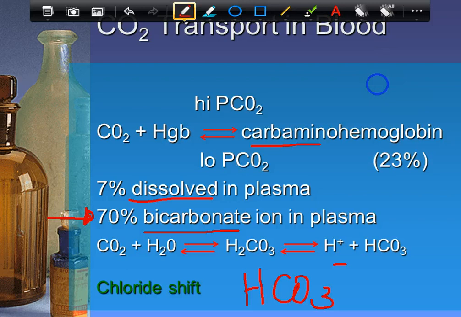Look at the formula here. CO2 combines with water, forms carbonic acid. By the way, this means that reaction can go either way. Carbonic acid is unstable. Again, you got a two-way reaction, and it will readily split into hydrogen ion and bicarbonate. There's your bicarbonate right there.